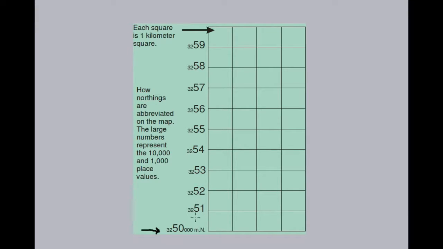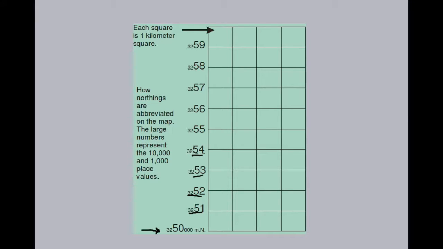And then it just drops off these 3 zeros, and it tells us that this is 3,251,000 meters north of the equator, 3,252,000 meters, 3,253,000 meters, 3,254,000 meters. And you notice that the large numbers represent the 10,000 and 1,000 place values.